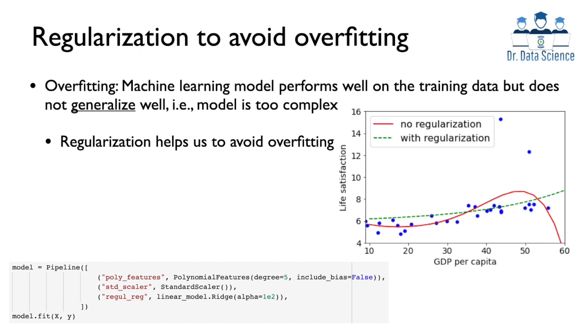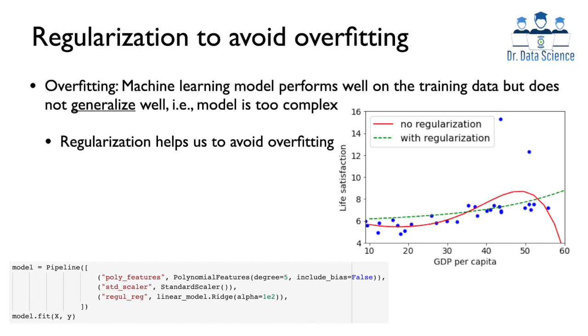I actually have a video to understand how pipeline works, but the idea is that you can combine several transformers and an estimator, meaning the regressor or a classifier. So the first two parts in this pipeline are for polynomial features and making sure that the features are standardized. And then the last one is basically ridge regression with this alpha parameter that you can see here, which is 100 or 10 to the power of 2.